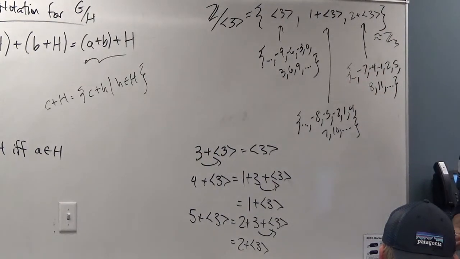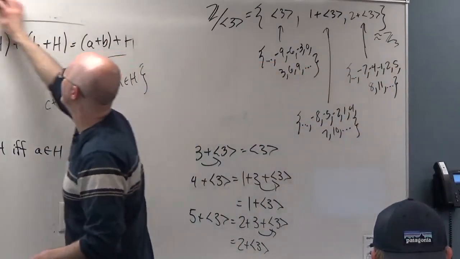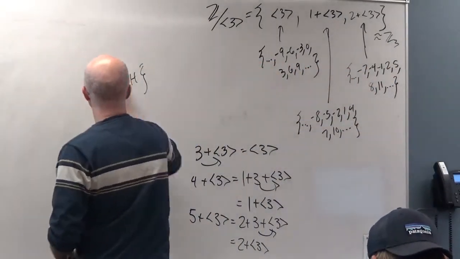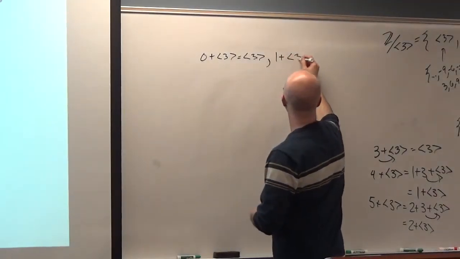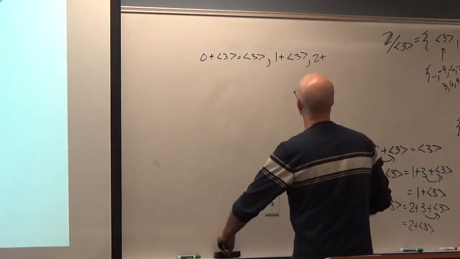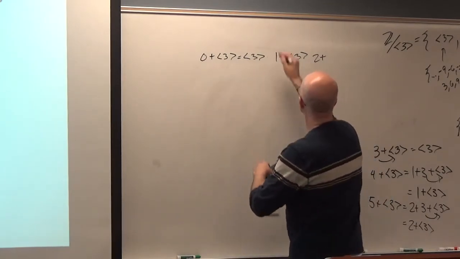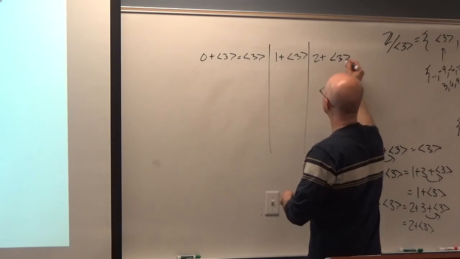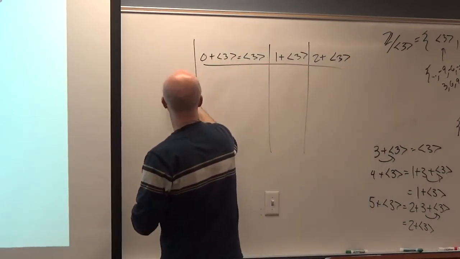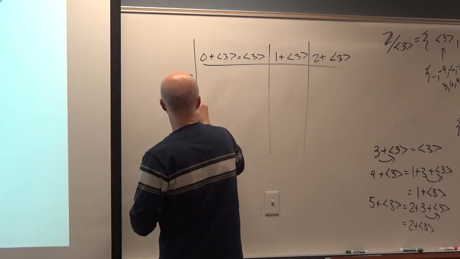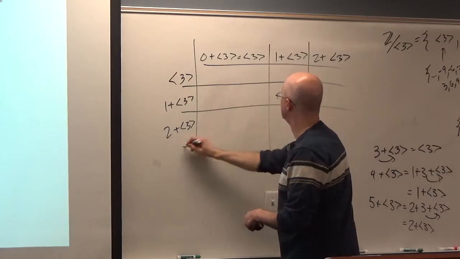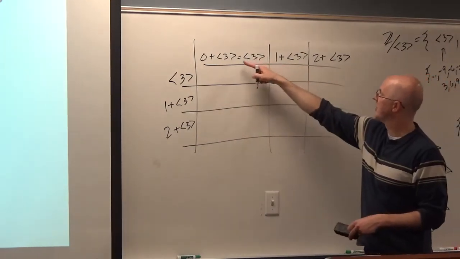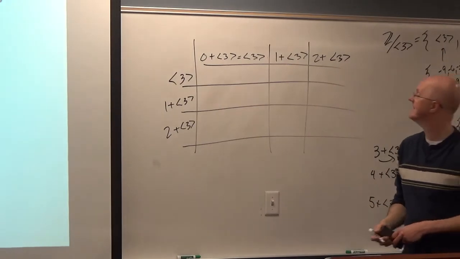And it is. Can we make its Cayley table? Sure. Zero plus the subgroup, the subgroup itself, is the identity.